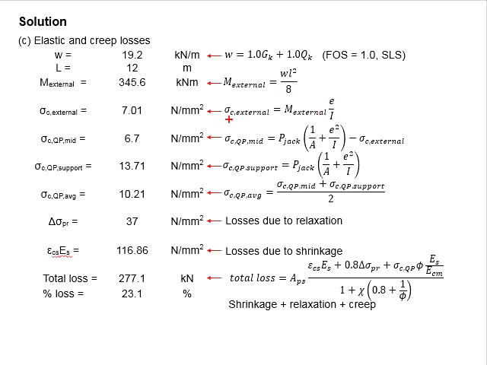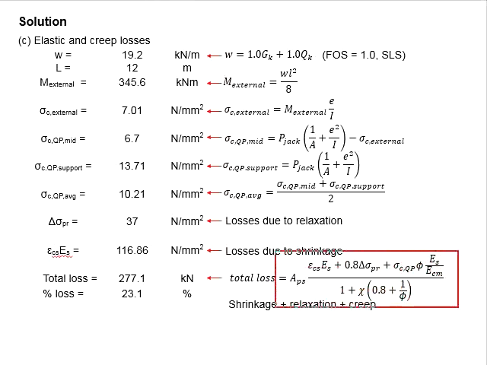And from there, you are able to compute the stresses at the midspan and also at the support. The P here represents 1200, and the average stress will be the average of the two, which is 10.21. With that, all the components of the equations have been found.